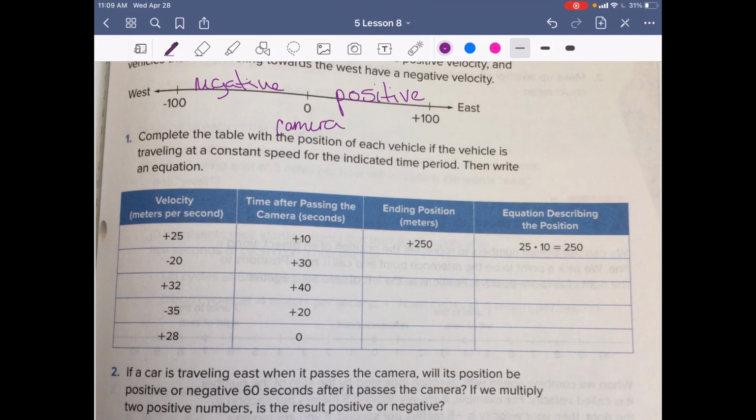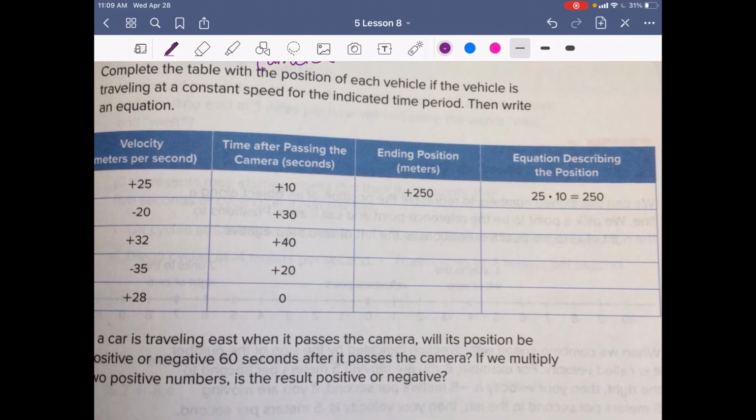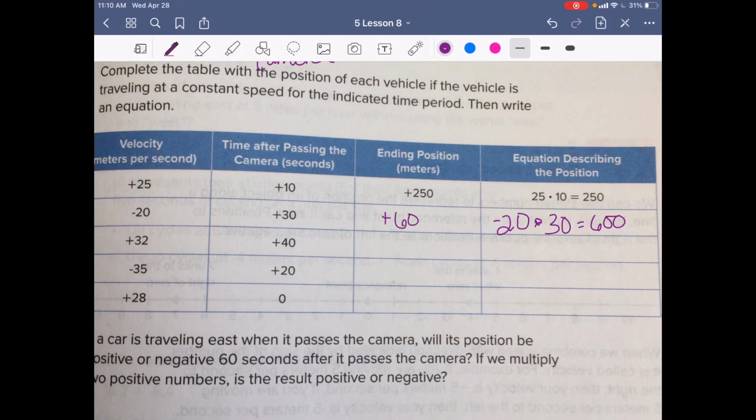So we're going to follow that same pattern over here, but let's start with our equation. So we have negative 20 meters per second for 30 seconds. So we would need to do negative 20 times 30 equals negative 600. So we would have negative 600 meters.